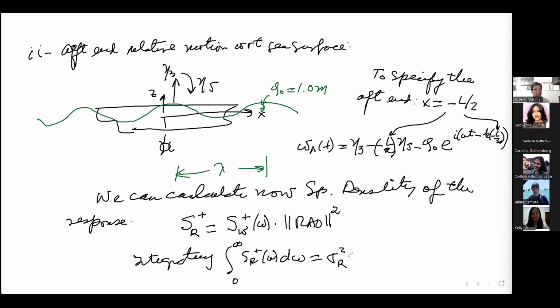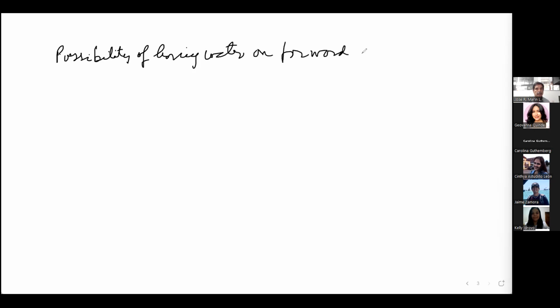That's the next step. Okay, so in the first case, for example, we want to evaluate the possibility of having water on the forward end of the ship.